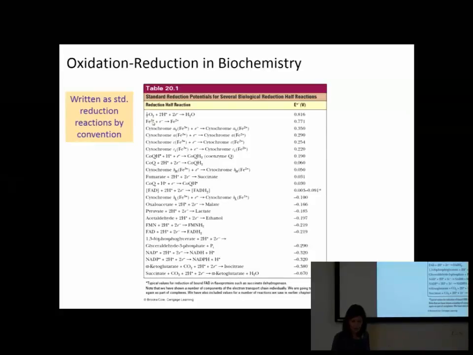What's happening in the active site of these proteins is that the iron is still being reduced, but it has a different and much lower standard reduction potential. Why do you think? It's still iron being reduced, but the fact that it's inside this protein gives it a different standard reduction potential. Does anybody else think that that's weird?